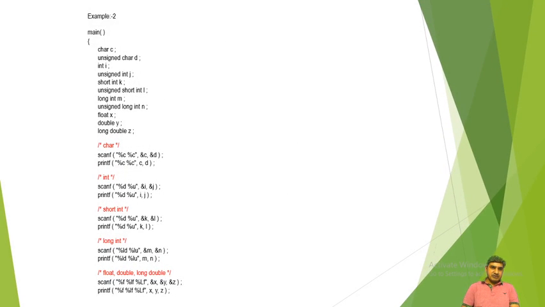Now second example, consider main. The character is c, unsigned character is d, integer is i, unsigned integer j, short integer k, unsigned short integer l, long integer m, unsigned long integer n, float x, double float y, long double float z.